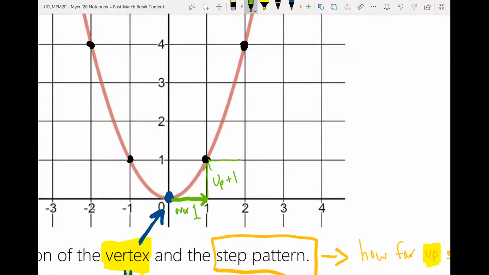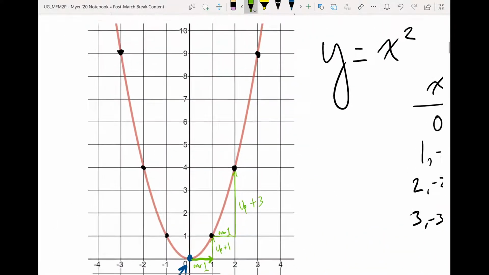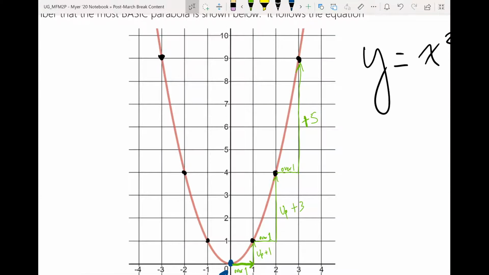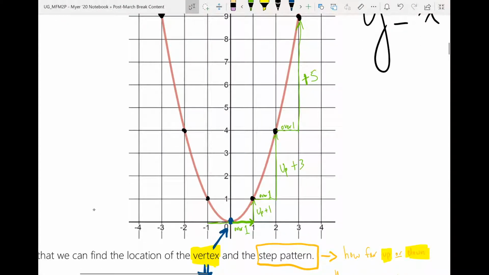And so if we went over 1 again, we're going up plus 3. And we could look again. We could go over 1 spot again, and we go up plus 5. And if we went to the other side, we would find the exact same thing. We could go over 1 here, and it goes up 1.